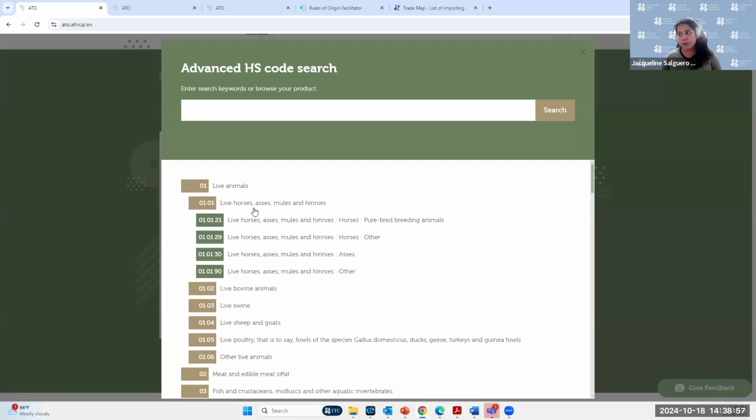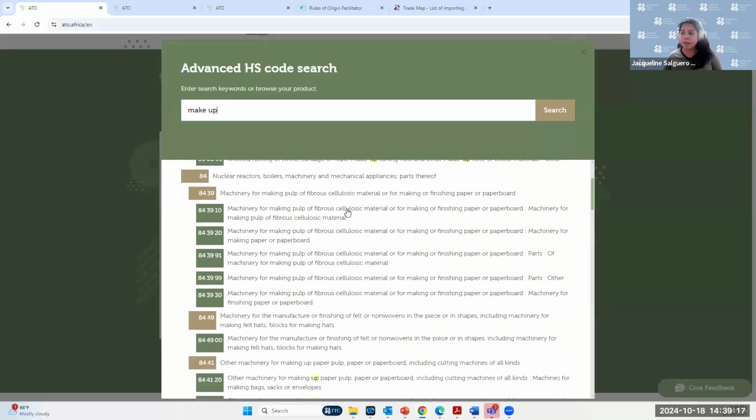So in this case, the category will be live animals. 0101 refers to live horses, asses, mules, and hinnies. And then each one of the 6 digits refers to a specific animal. For example, 010130 refers to asses in particular. In this case, I already told you the product, but let's say you want to find it using keywords. You can just put makeup here.